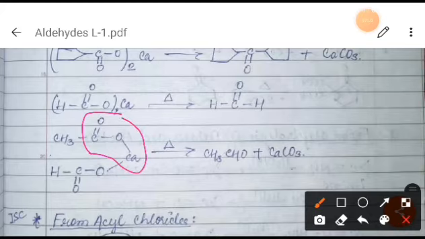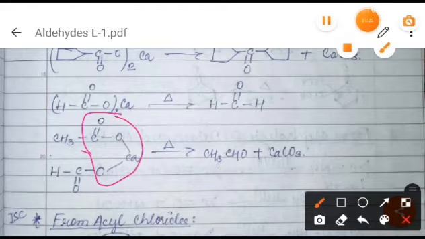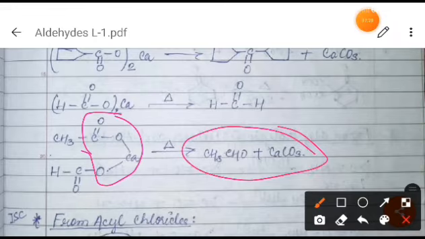So this part will come out from the reaction, CaCO3, okay. CaCO3 will come out from the reaction. Add this aldehyde and calcium carbonate will come out from the reaction.